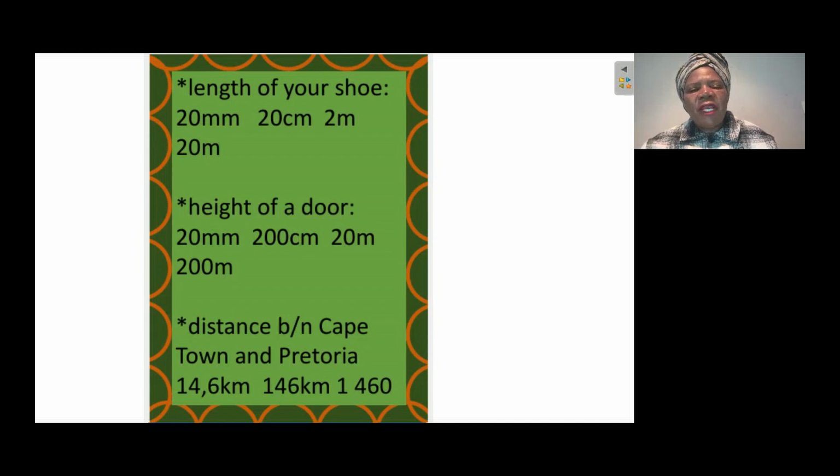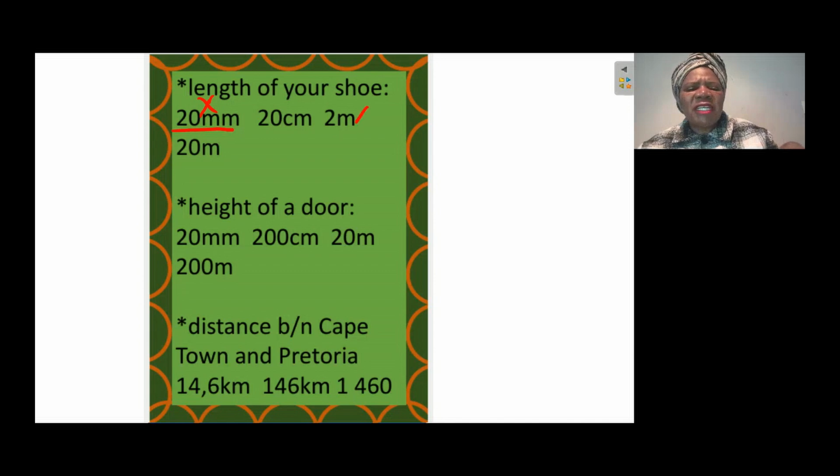Then we have the length of your shoe. Look at your shoe and your plastic ruler, right? We have 20 millimeters, which is about 2 centimeters. Even for a small baby, 2 centimeters is too much. 20 millimeters is too small.